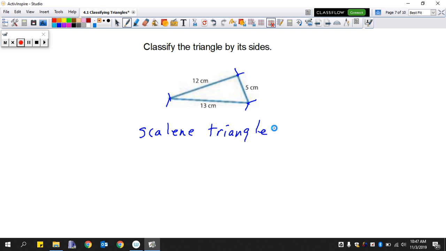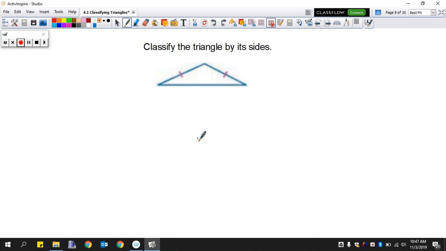All right. In this case, we're not given any measurements or any hash marks at all. We're just given expressions that determine the lengths of the sides. So it says to find x and the length of each side if triangle ABC is an isosceles triangle.